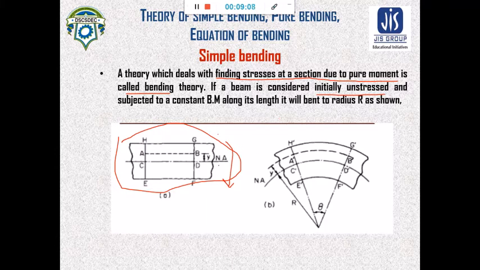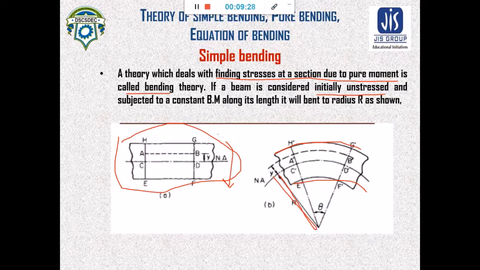Then the material will bend like this, and the upper fiber will undergo tension while the lower fiber will undergo compression. This radius is known as the radius of curvature.